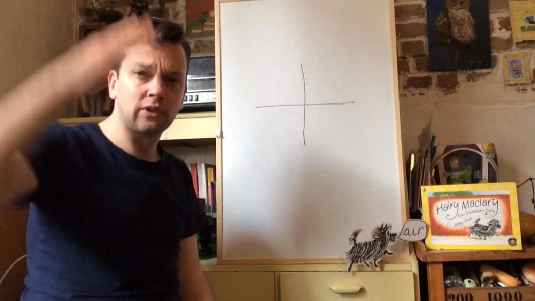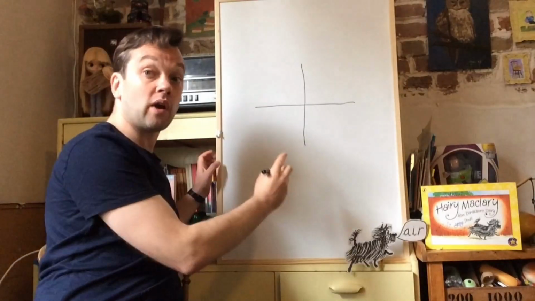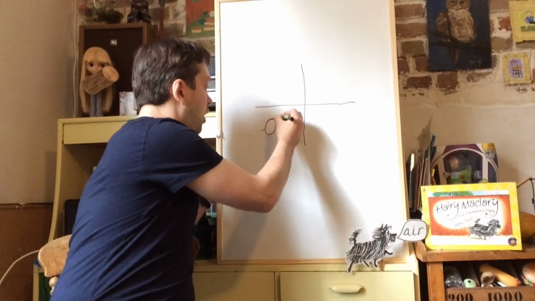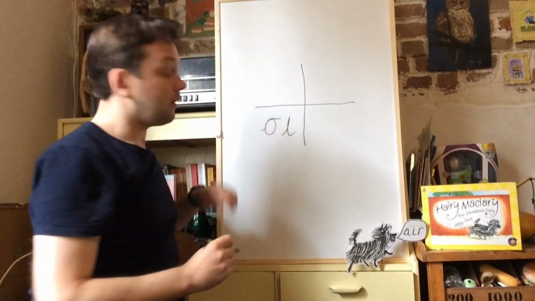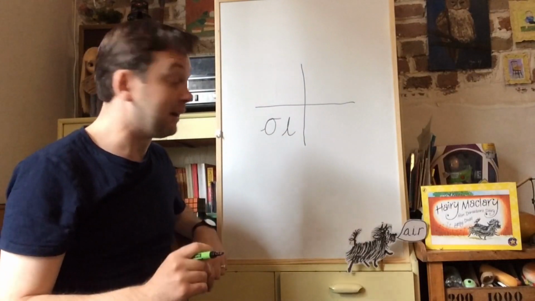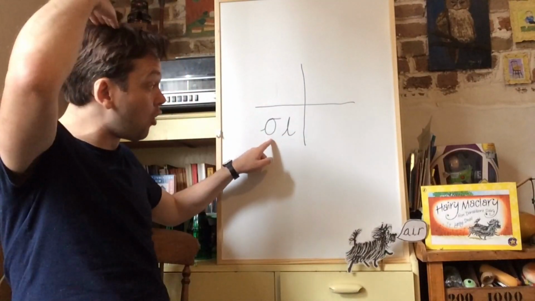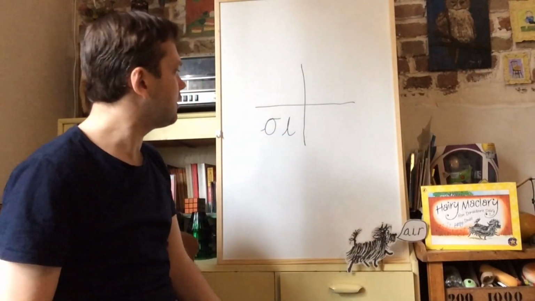Remember the letters? The letters O and I make the sound oi. Can you write it before me? O and I. Very good. And once you've written it, let's say it together. 3, 2, 1. The letters O and I make the sound oi.